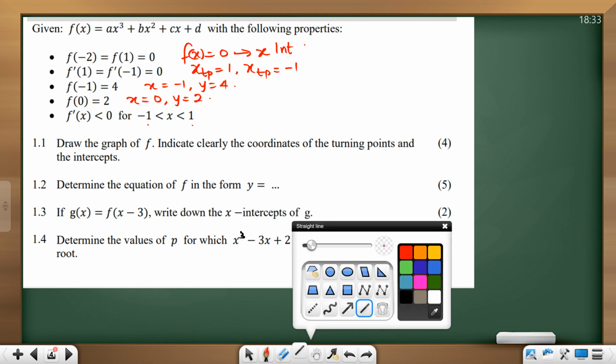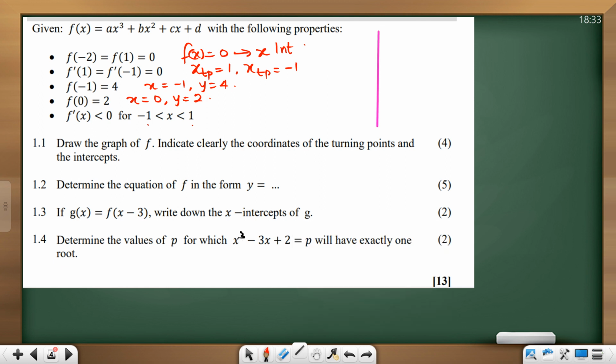Let's make it a bit thinner here. Let's mark all of these points. What are my x-intercepts? Turning point.